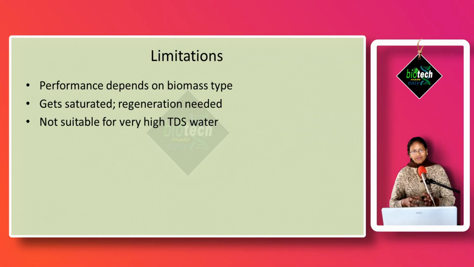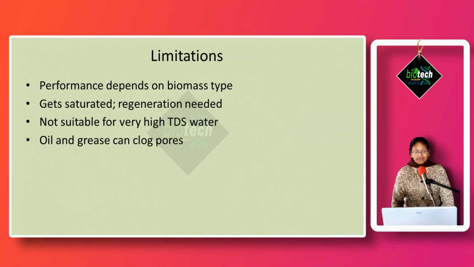So if in the wastewater we are getting water which has very high turbidity, then it may not be very suitable, because it can separate the pollutants very easily, but not the ones which are dissolved in the water.